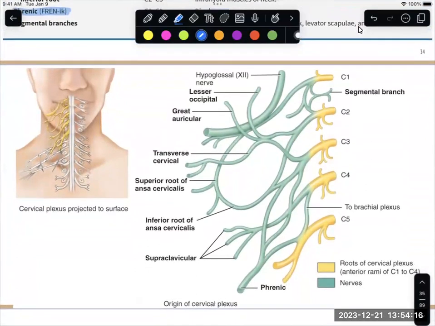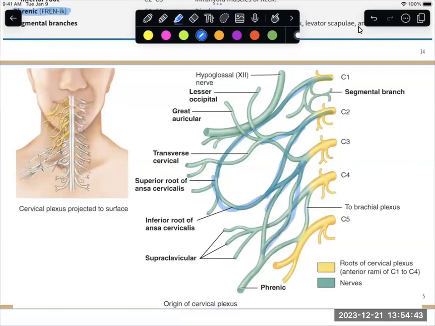So we can see how these plexuses look. You can see C1 here coming down. You can see how C2 can join up with parts of C3, which join up with parts of C1. C3 will join down to C4.